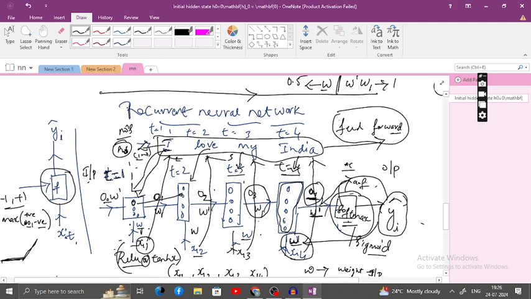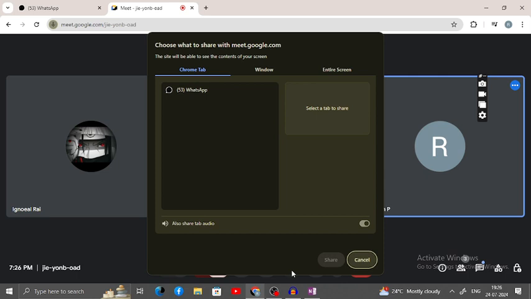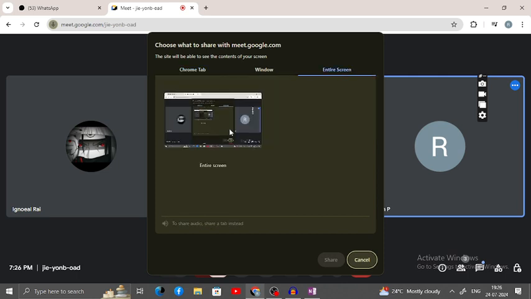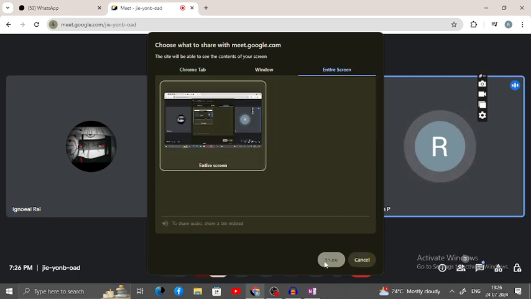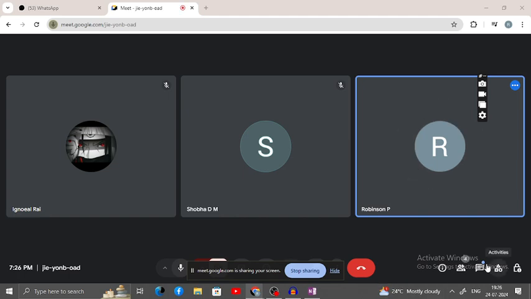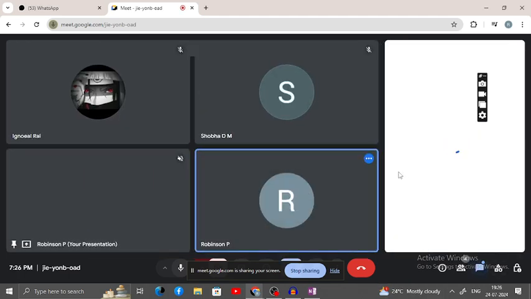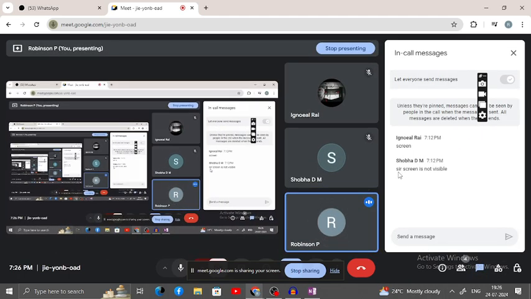Screen is not visible there. I will not share the screen. From when is the screen not visible? Is it visible now? From 7:12. 7:36.